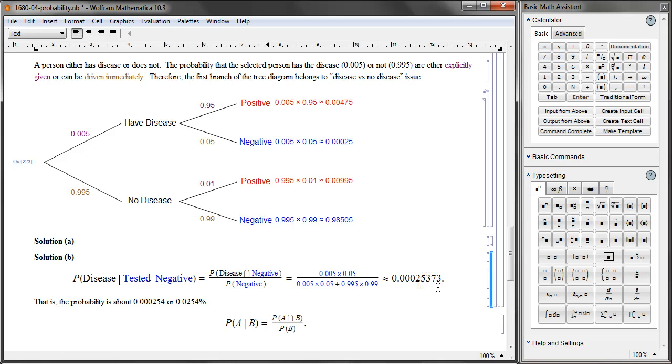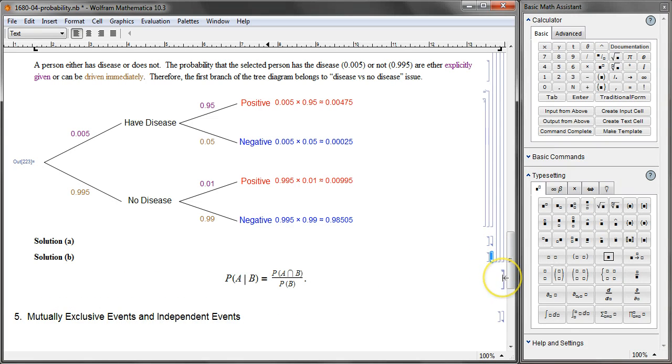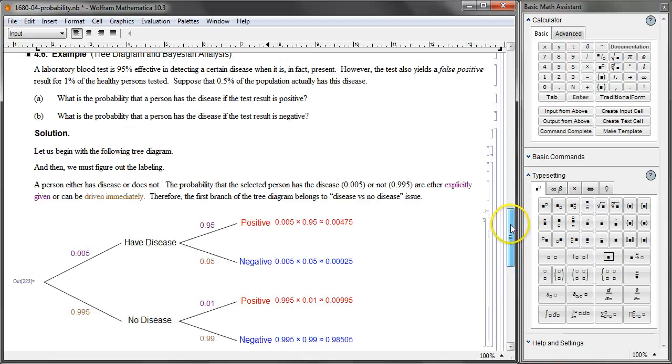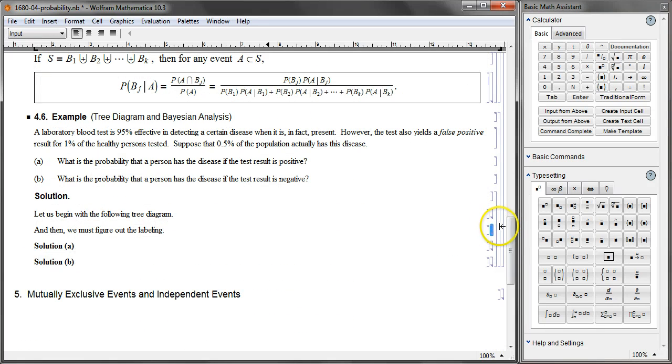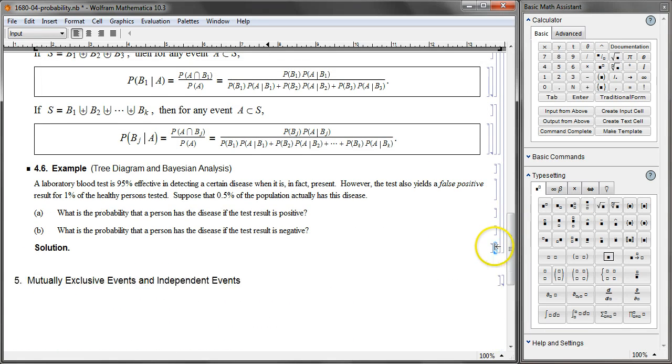In other words, if the test comes out negative, the probability that the person has the disease is really small. What are you going to do if you're a doctor or medical personnel? Well, if the test comes out negative, don't have to worry about it, good news, and let's dismiss the patient. If it comes out positive, do not start treatment right away, do further testing. This kind of problem is very, very realistic.